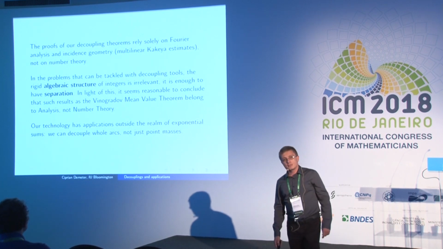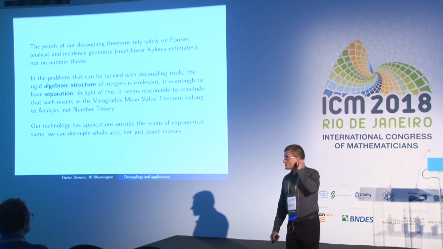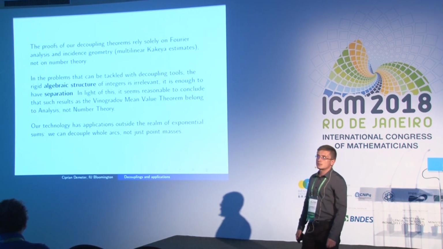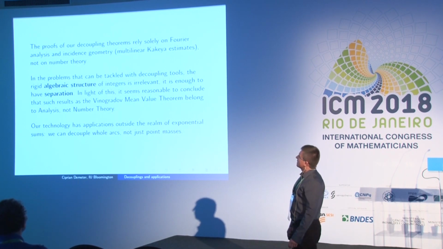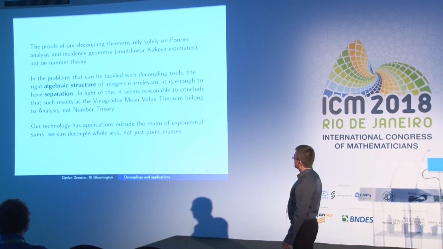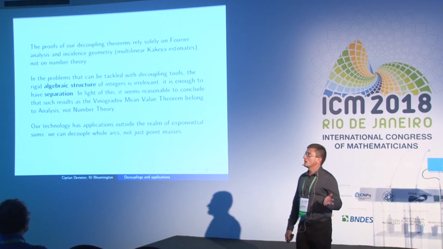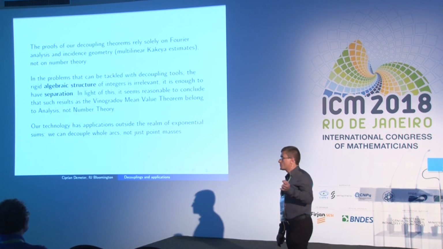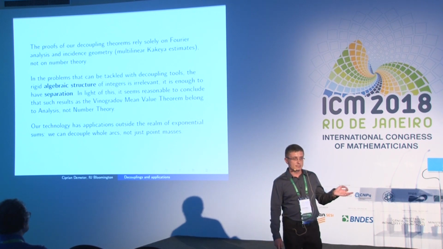Now let me say a few words on the philosophical side. Our proofs of the decoupling theorems rely solely on Fourier analysis and a little bit of incidence geometry. In particular, they do not require any number theoretical input. We cannot solve all the problems, but in the problems that we can solve, in our proofs, the rigid algebraic structure of the integers is meaningless.